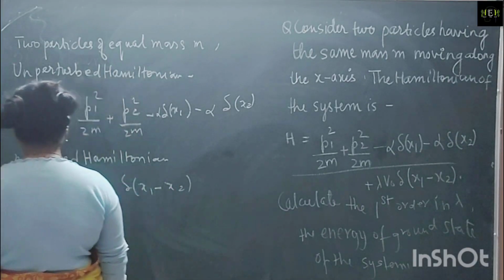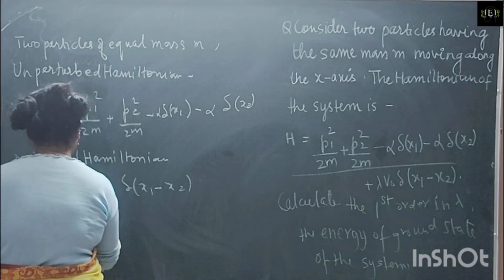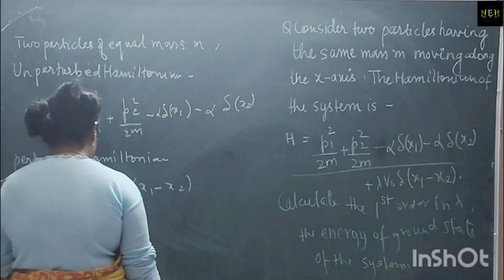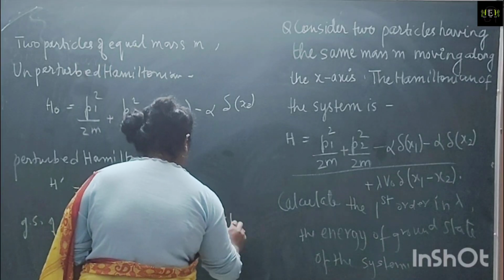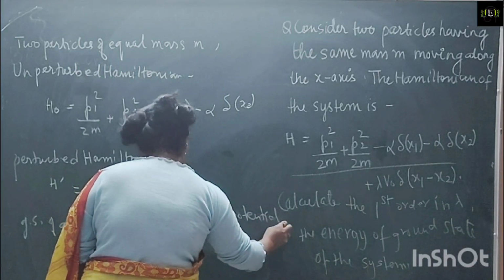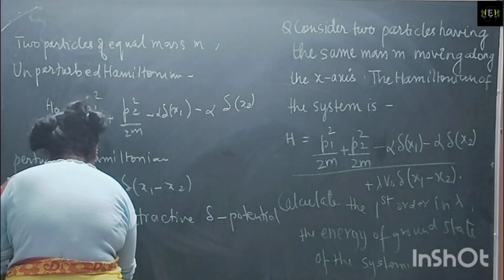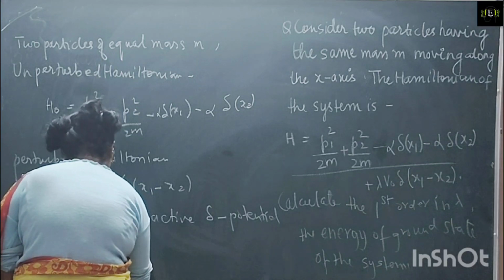Okay, so I know the ground state of a single attractive delta potential. The attractive delta potential will be what? V of x is equal to minus alpha delta of x.